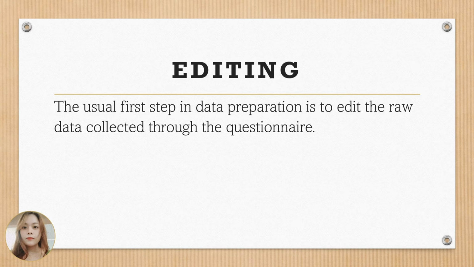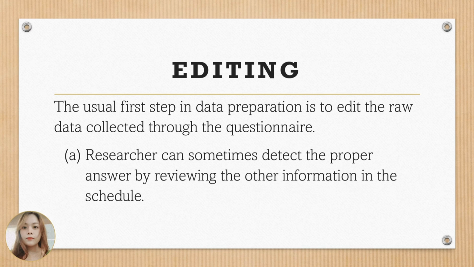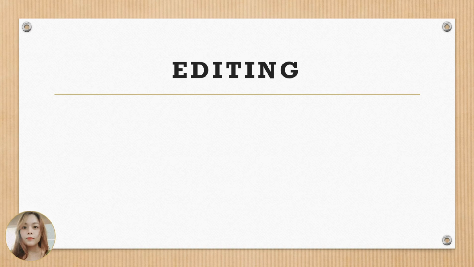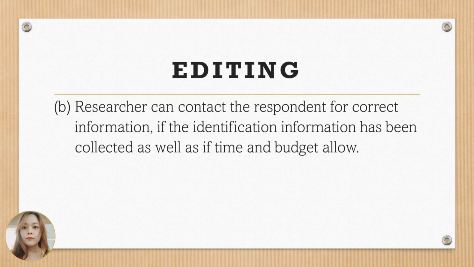One, the researcher can sometimes detect the proper answer by reviewing the other information in the schedule. Two, the researcher can contact the respondent for correct information if the identification information has been collected, as well as if time and budget allow.